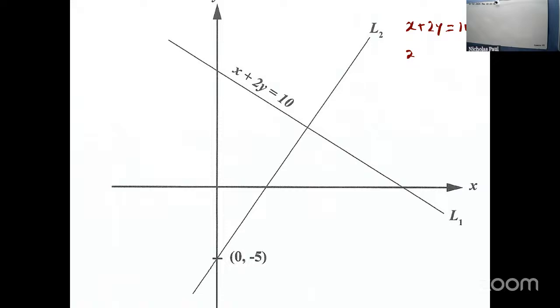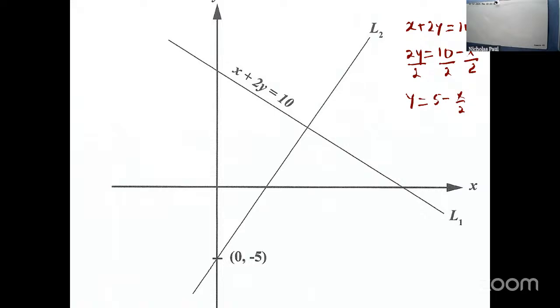Watch here, right? So you have 2y is equal to 10 minus x, right? So now I have to divide everything by 2 because I want to get y by itself. So I divide this by 2, this by 2, and this by 2. So I'm going to get y is equal to 5 minus x over 2.